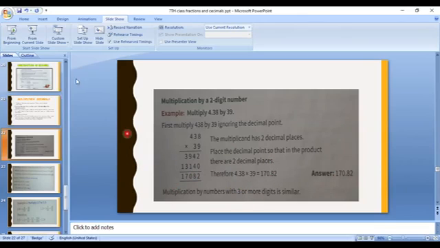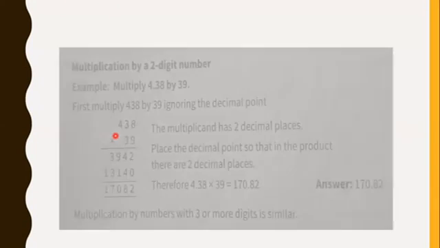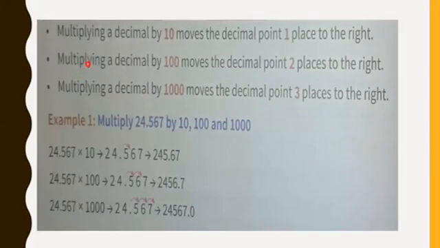Next, let us see the next example: multiplication of decimals by 10, 100 and 1000. How should you multiply? Multiplying a decimal by 10 moves the decimal point 1 place to the right.